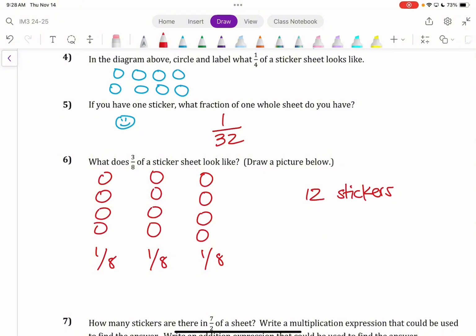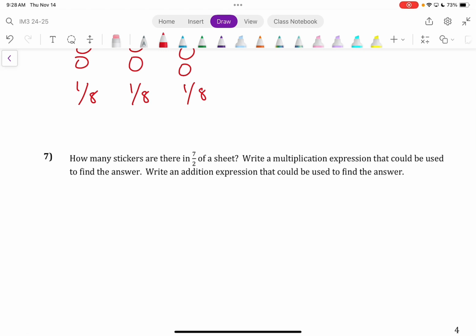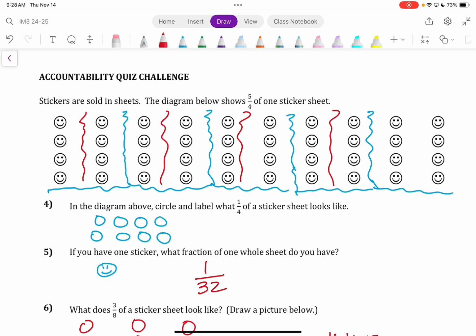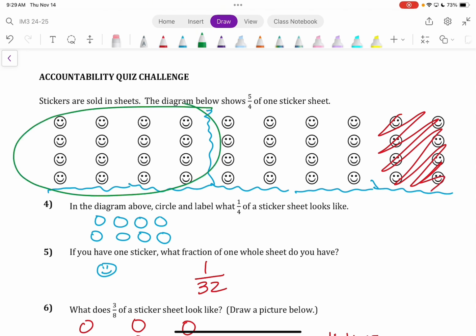All right. How many stickers are there in 7/2 of a sheet? Once again, we got to go back to our sheet, look at it. How can we split this in half? Well, this is in fourths, so instead of having so many groups, I would just need 2 groups. And by the way, I'm going to cross these out because these are extra. So we're just looking at these 2 groups here. That's one group, that's another group, right?